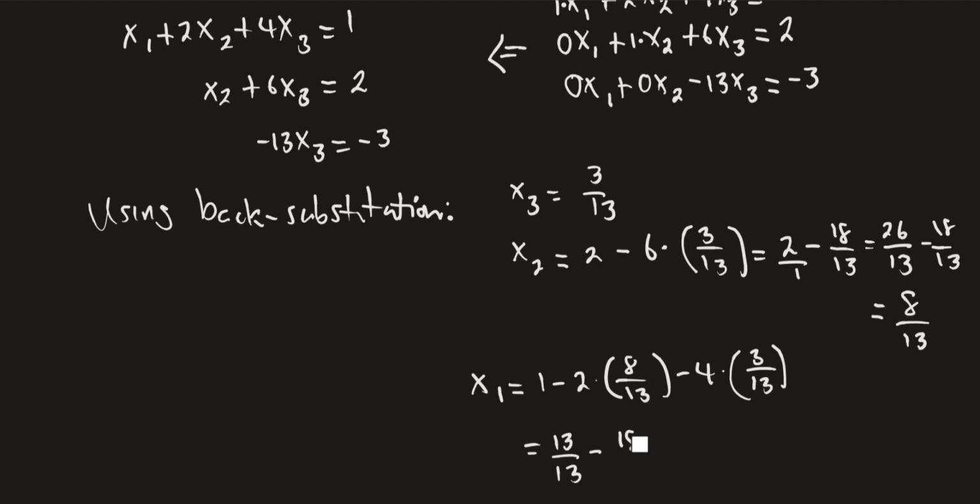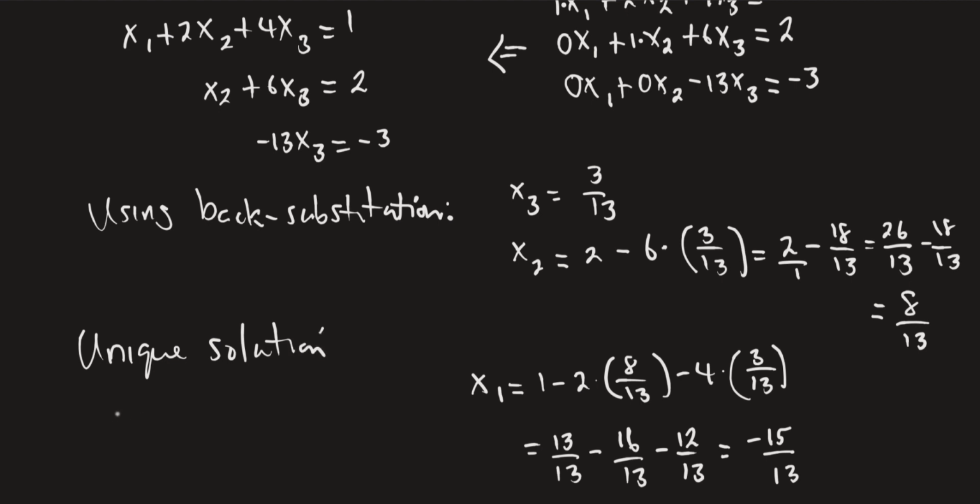This is 16/13, and then minus 12/13. And then putting that all together, we get that x1 is -15/13. So here is our unique solution to the original system. Our unique solution is the ordered triple, negative 15 over 13, 8 over 13, and 3 over 13, right?